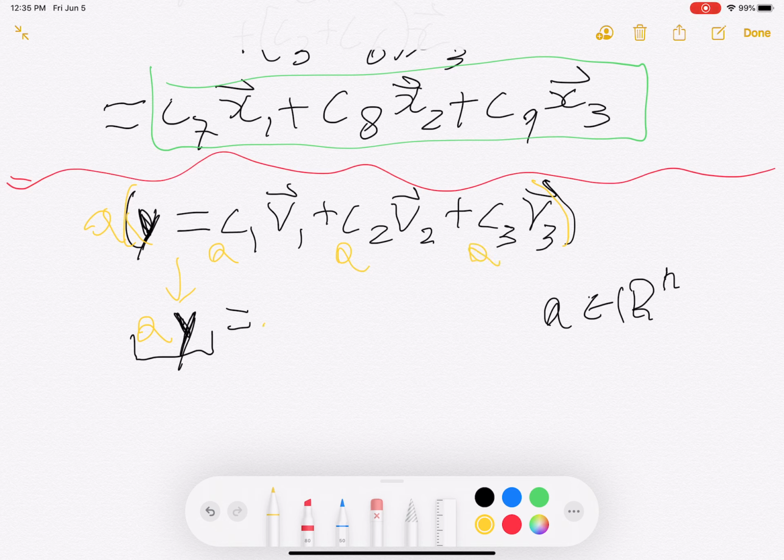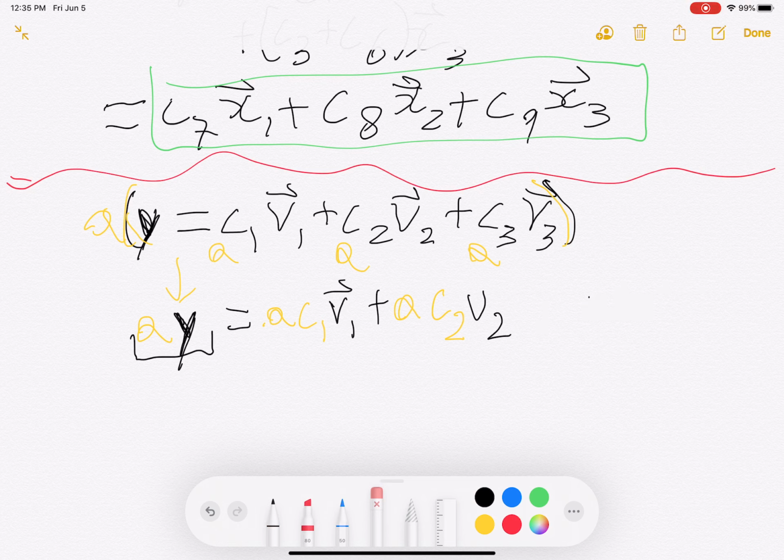So we can say that a times c1 v1 plus a times c2 v2, finally plus a times c3 v3.